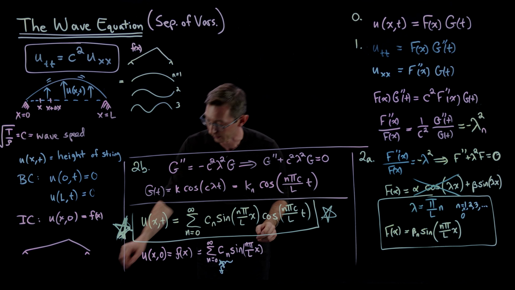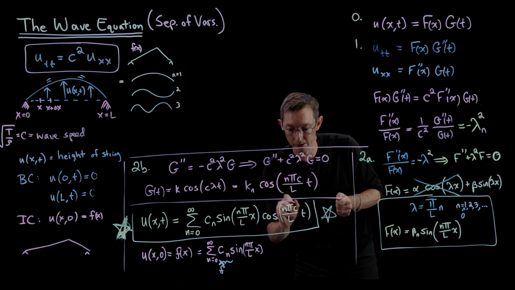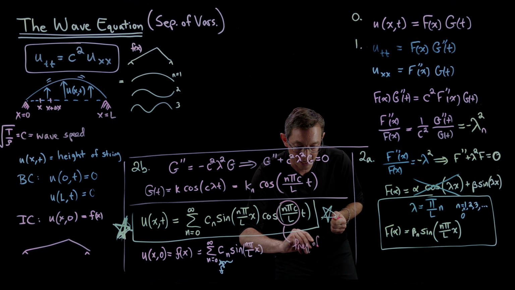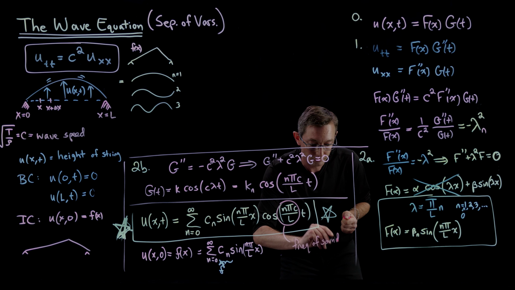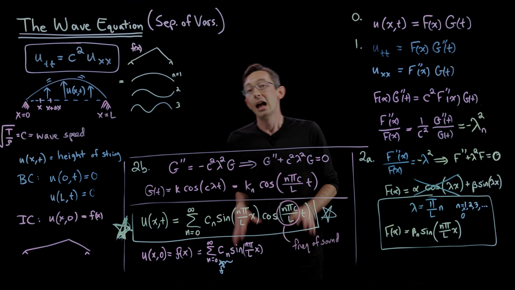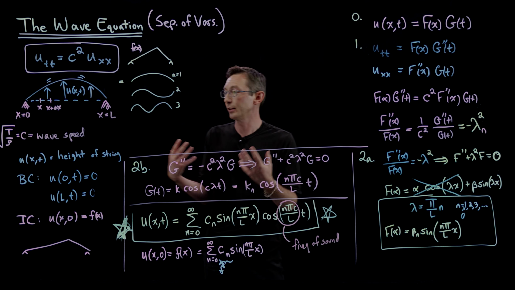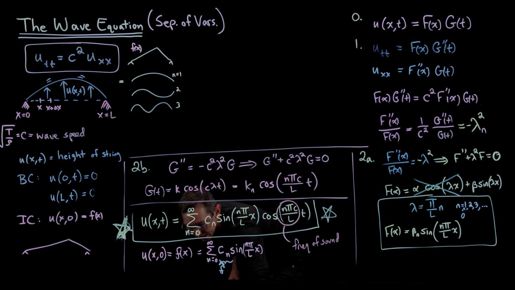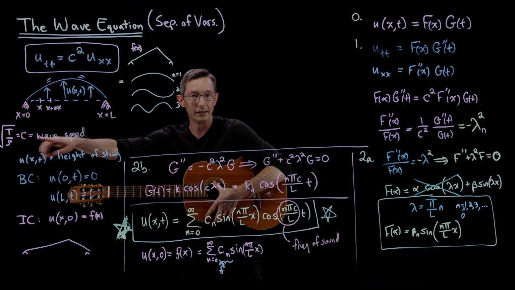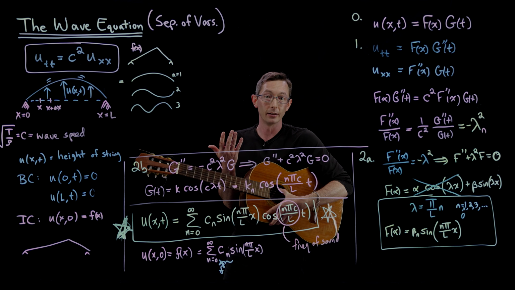Okay, it comes literally from this frequency here. This is going to be the frequency of sound that you hear: n pi c over L. And now we see very clearly, and I'll pull out the guitar again for this, we knew that the wave speed depended on things like the tension in the string.